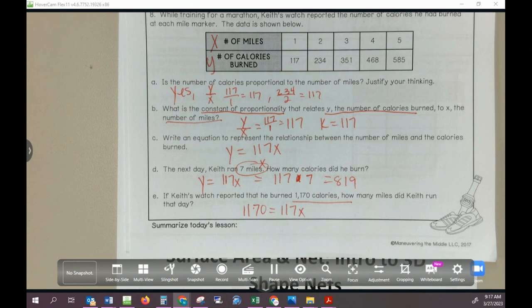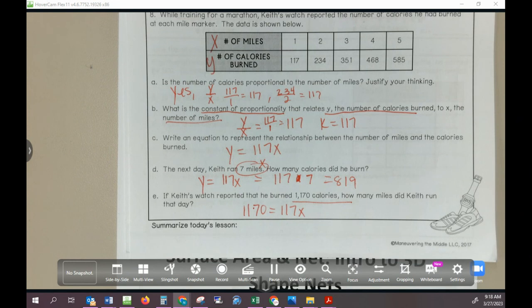So what did you get? How would you solve for x, Jordan? Can someone tell him what he would do to get x by itself?